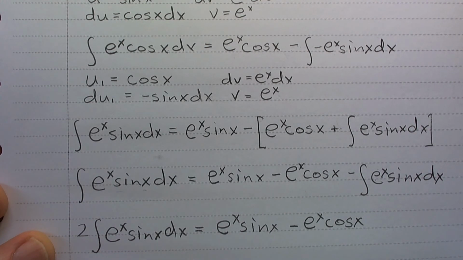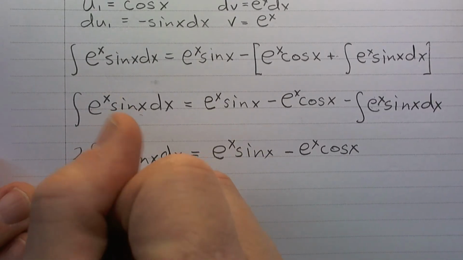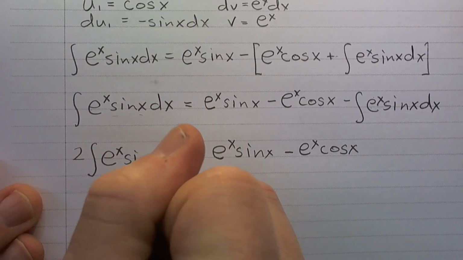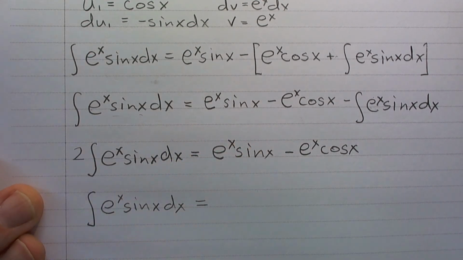Now, if I just divide by 2, I'll have it. That'd be it, right? Because look at this, the integral of e to the x sine x equals. This is what we wanted to know.